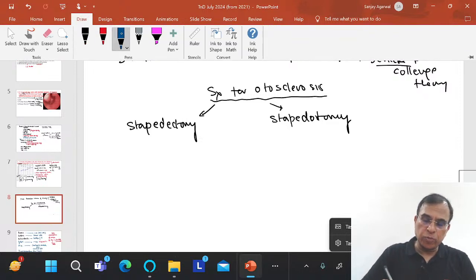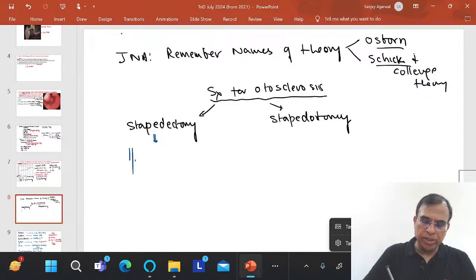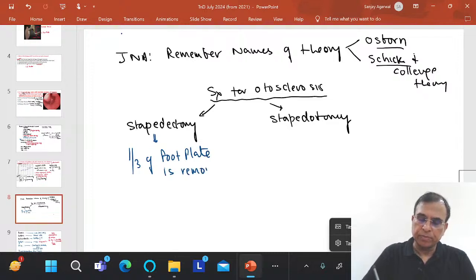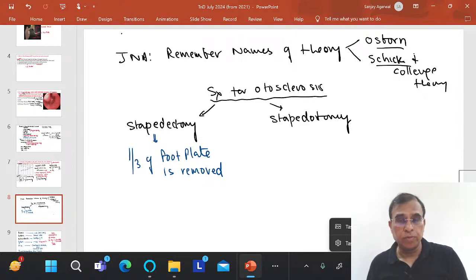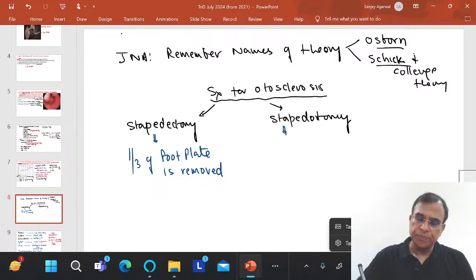In stapedectomy, 1/3 of the foot plate is removed. Not the whole, only 1/3 of the foot plate is removed. In stapedotomy, a hole of 0.6 millimeter is drilled on the foot plate.